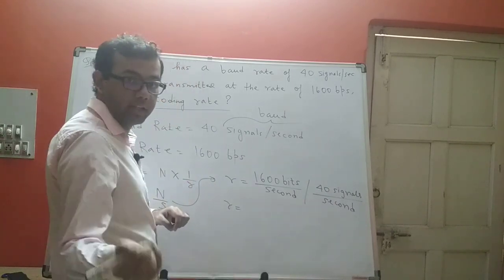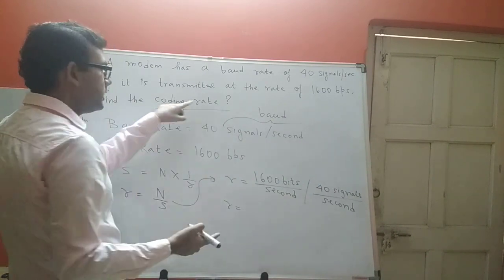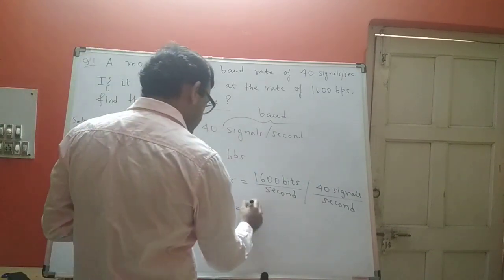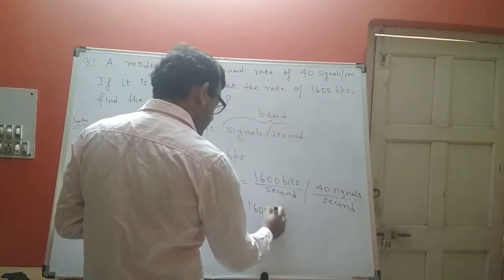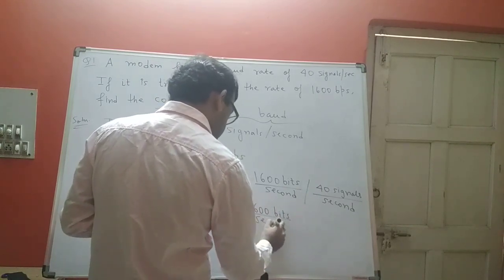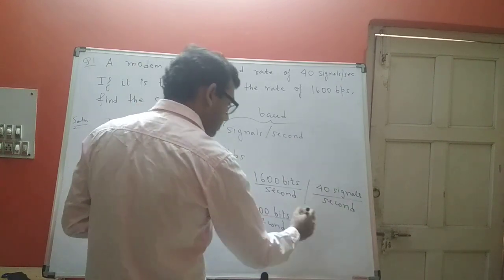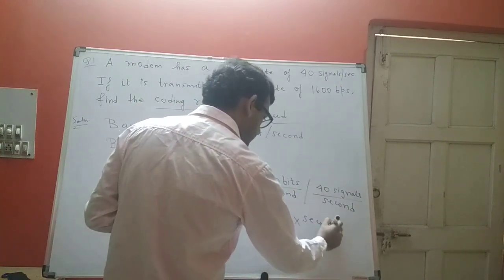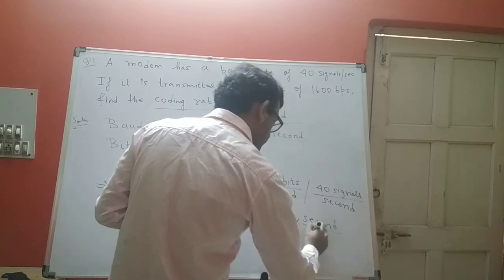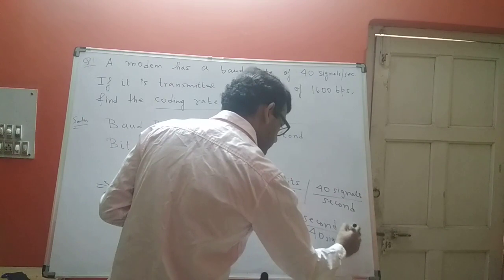Now, if you solve this, what will you get? It's important to understand the unit of R, that means the unit of coding rate. So you will get 1600 bits per second divided by 40 signals per second.